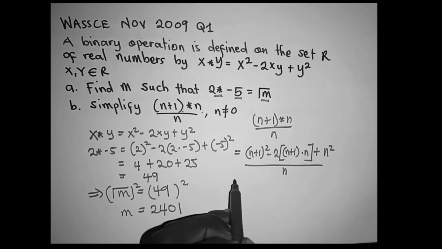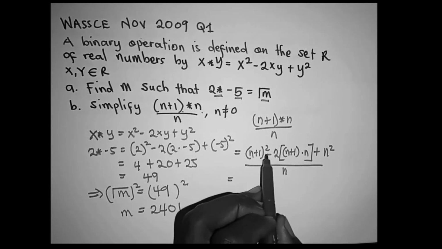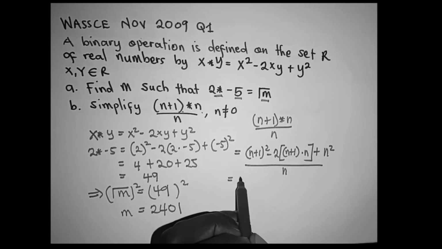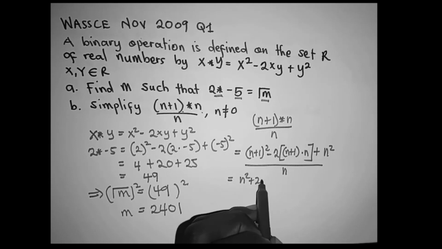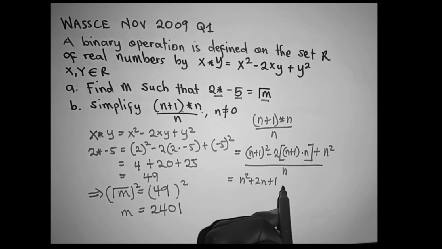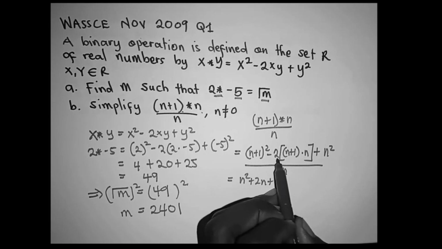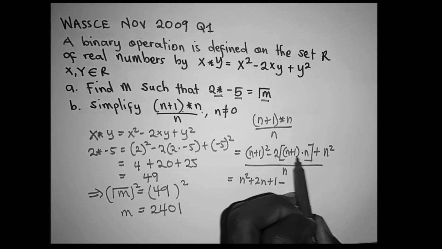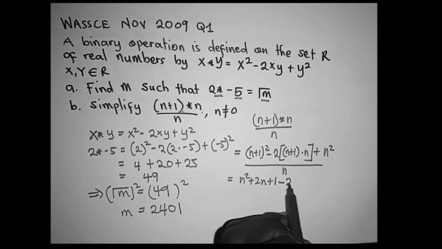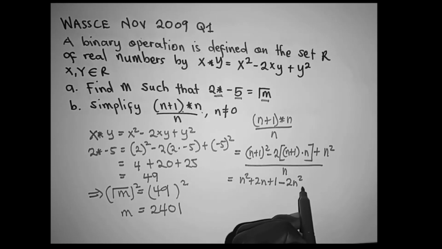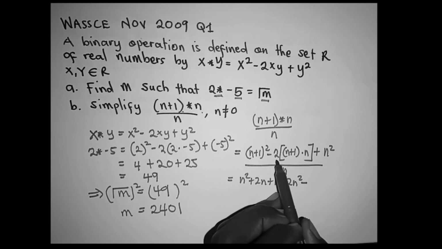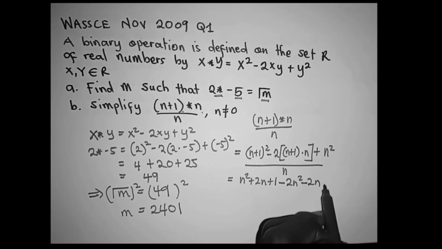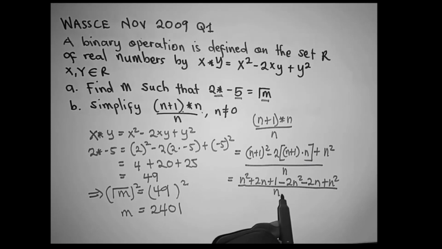This is equal to n plus 1 squared, which is n squared plus 2n plus 1, then minus 2 times n plus 1 times n becomes minus 2n squared, then minus 2n plus n squared, all over n.